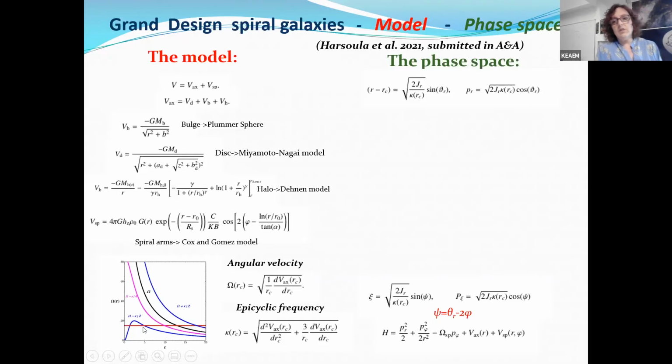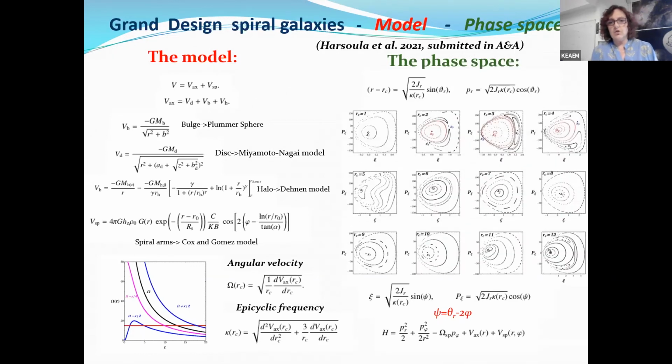Here in this model, we see that there are two inner Lindblad resonances. Then we can locate the 4-to-1 resonance and the corotation radius. The spiral density wave is located between the inner Lindblad resonance and the 4-to-1 resonance, because there the orbits become more rectangular and can no longer support the spiral structure.